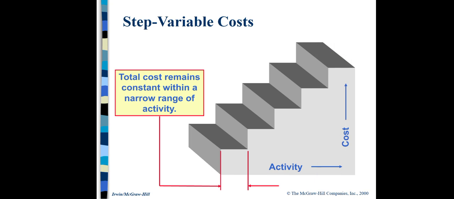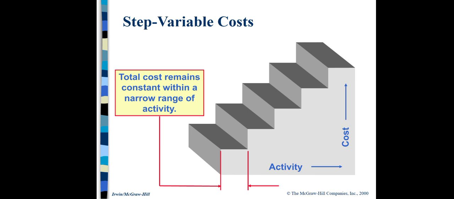This is the step variable cost. As we know, there are two types of cost, variable cost and fixed cost, which means that each type of cost has its own characteristics.